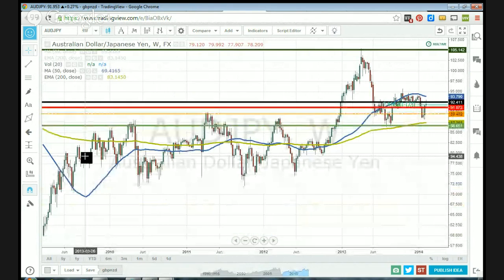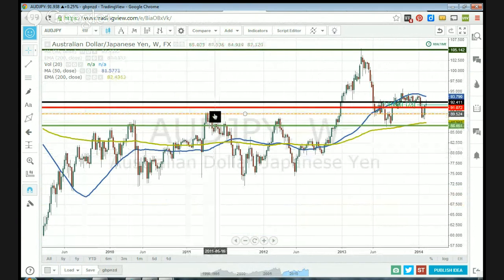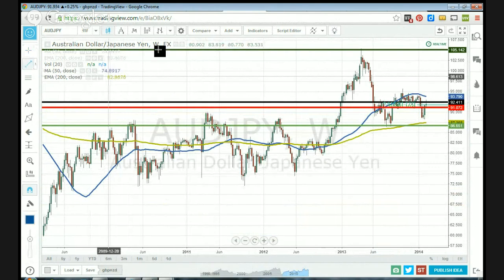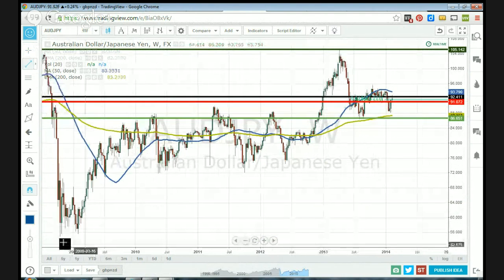It still looks a little choppy here. Delete this line. Let me zoom out a little more. There we go.